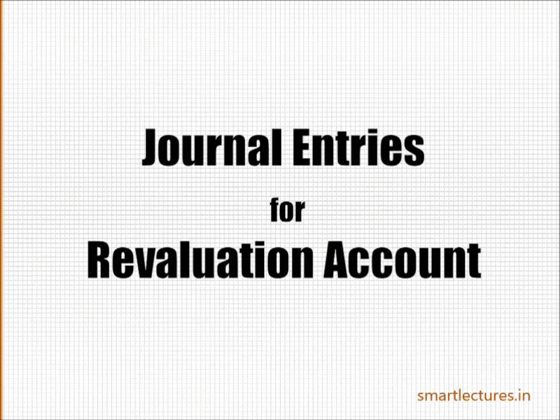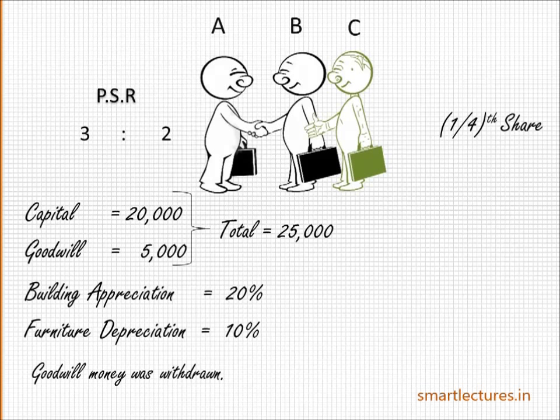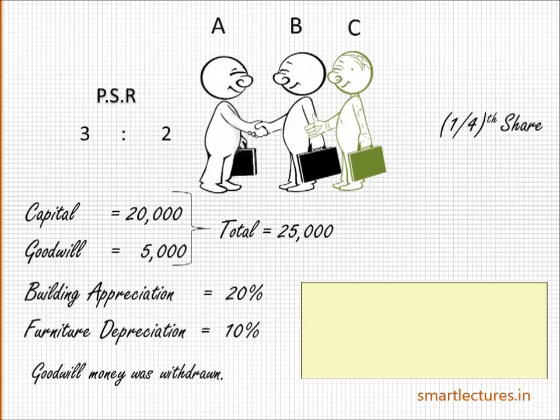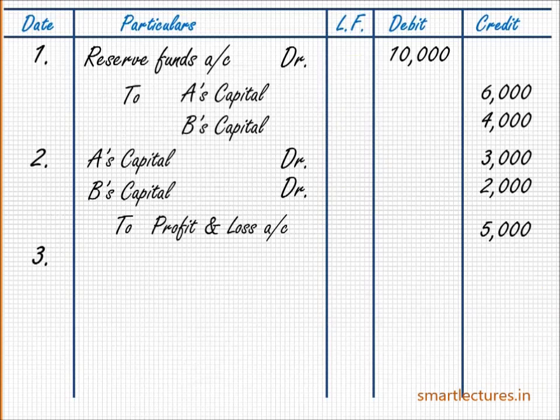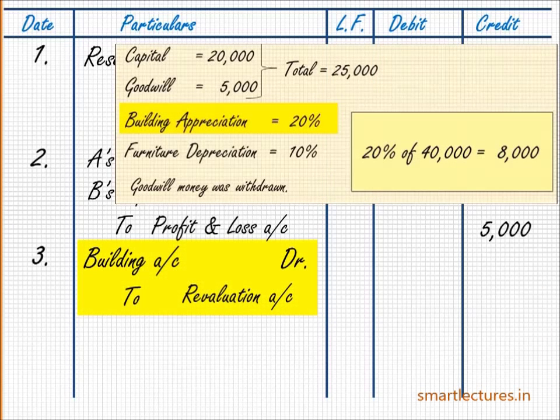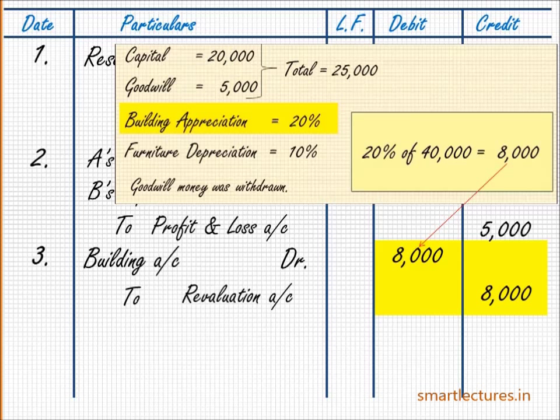Now we'll pass the journal entries of revaluation account. So the journal entry will be, building has been appreciated by 20%, and the 20% of 40,000, that is rupees 8,000. So the journal entry will be building account debit to revaluation account rupees 8,000. Be careful. The building has been increased.